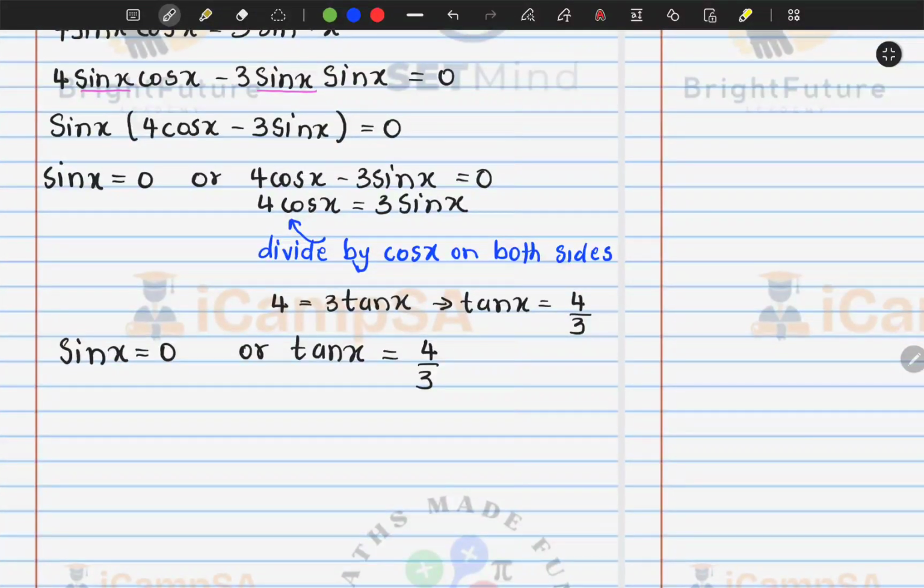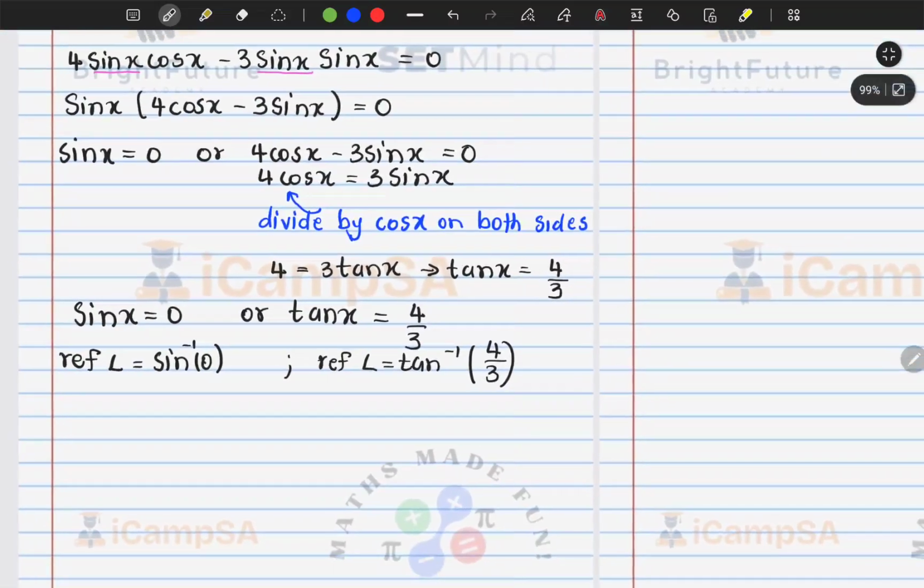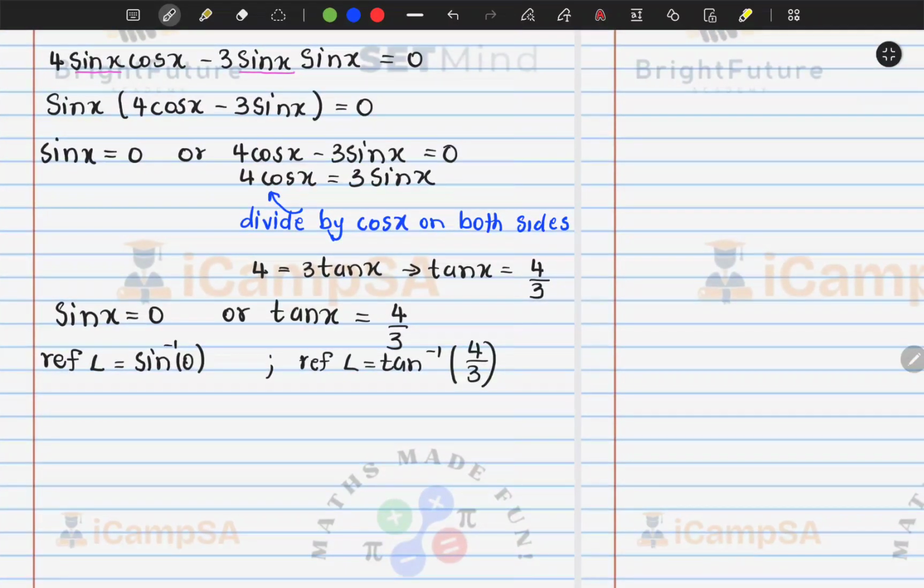Okay, so let's go ahead and find our reference angle. That's our inverse sine, and we are also going to find our reference angle for tan, which is just the inverse tan of 4 over 3. Okay, so let's start with sine. If you shift your sine, you will end up getting 0.